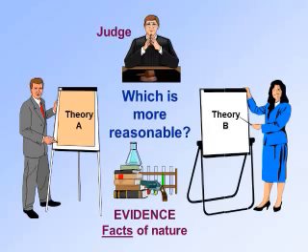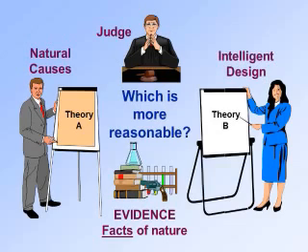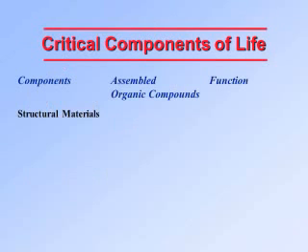And the question is going to be, when we look at all this evidence that we're going to present to you today, which is the more reasonable explanation? Natural causes or intelligent design? Those are the only two answers. And the question will be, which is more reasonable when we examine this evidence? All right. So, class, let's talk about chemistry. Life as we know it.